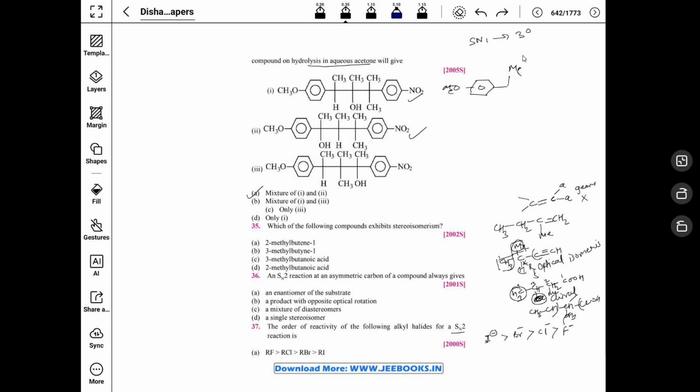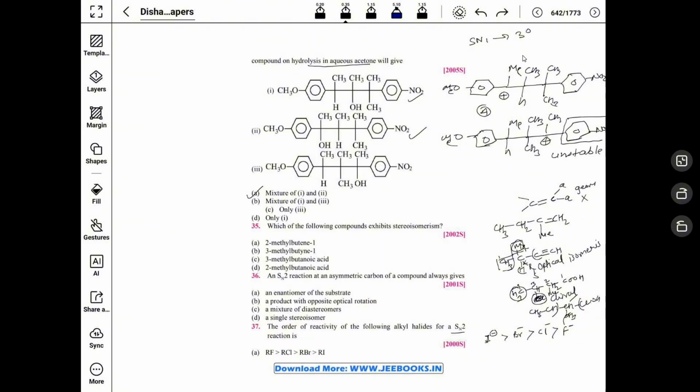So one intermediate is possible, and the second intermediate is this carbocation, but it is unstable due to the electron withdrawing nature of this nitro group. Hence, this is the more stable carbocation, the benzylic carbocation. This is the most stable carbocation due to the positive mesomeric effect of this methoxy group. It stabilizes the positive charge here.